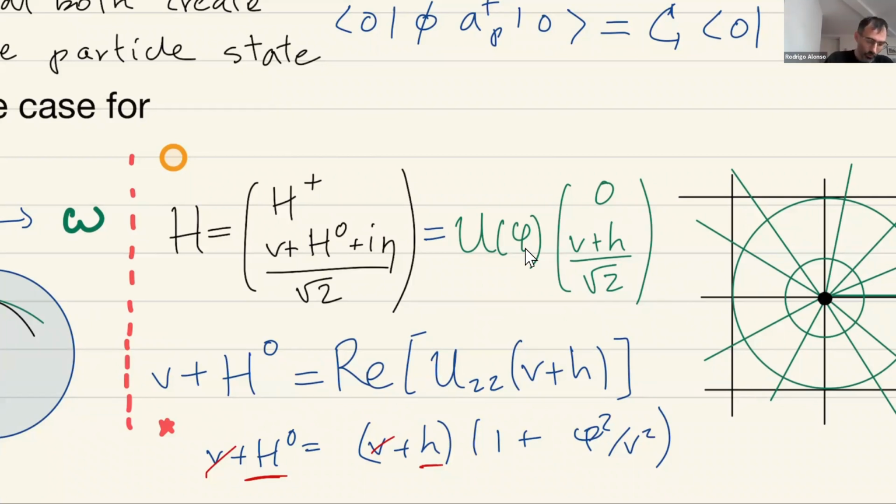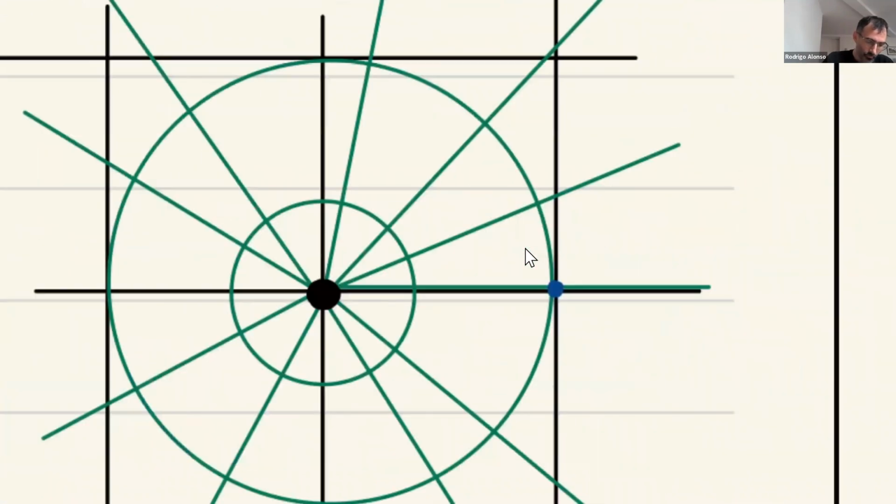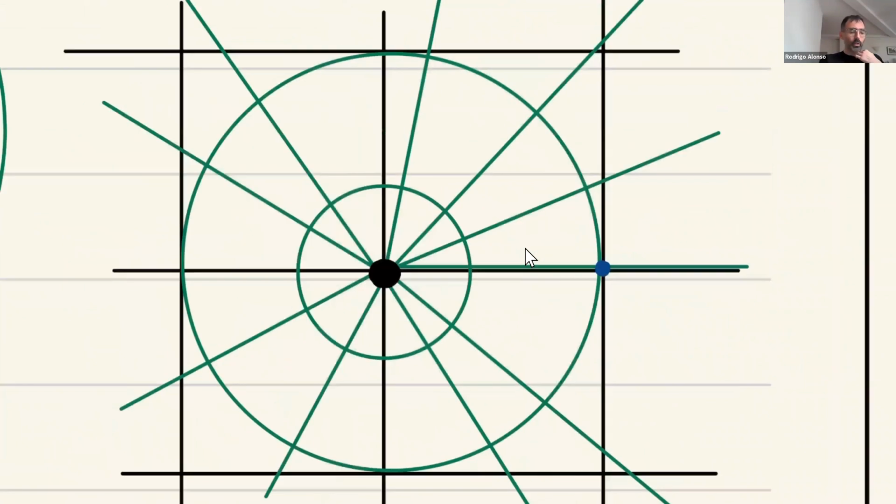And we can do a little better than that. We can try and draw it. So let's zoom in here now. These green are again coordinates for our little h and phi coordinates, which is in this reduction to a two-dimensional manifold of our Higgs doublet, radial and angular coordinates.